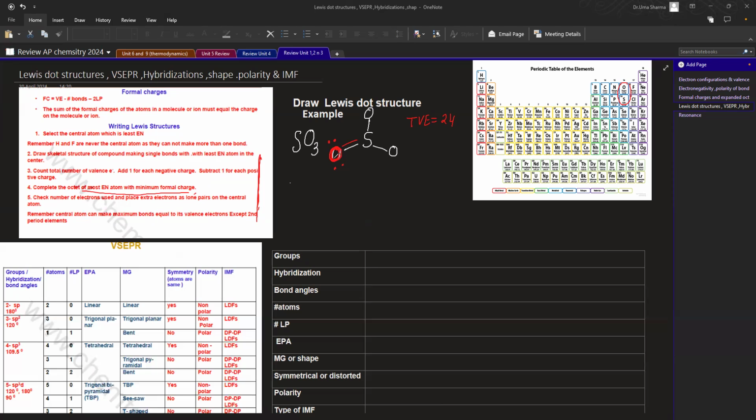Isabella, formal charge 0? Kiki, formal charge is? Kiki, you are there? 0. Okay, good. Perfect. Now, what should I do with the other oxygens? What do you think? Now you have all the picture in your mind. Sulfur can make 6 bonds, oxygen can make 2.